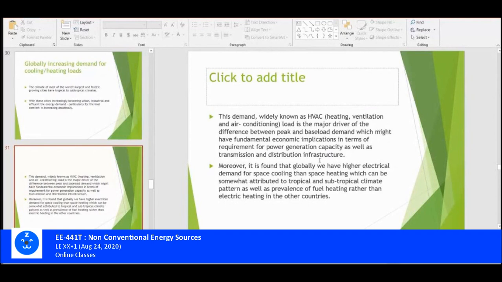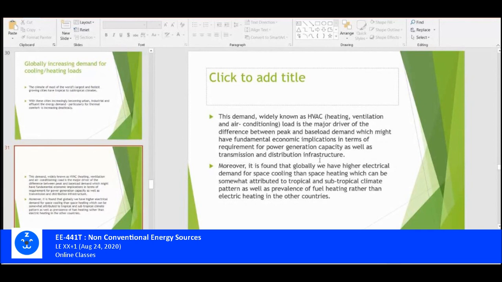This demand, widely known as heating, ventilation, and air conditioning (HVAC) load, is the major driver of the difference between peak and base load demand, which might have fundamental economic implications in terms of requirement for power generation capacity as well as transmission and distribution infrastructure.